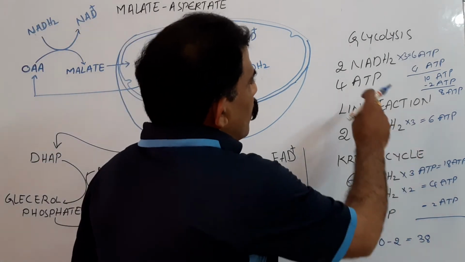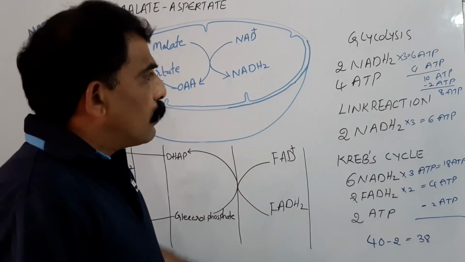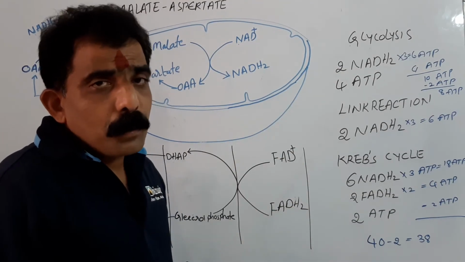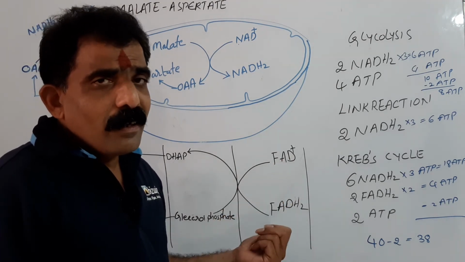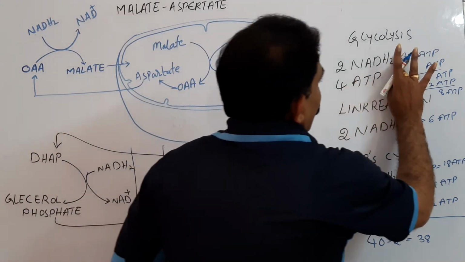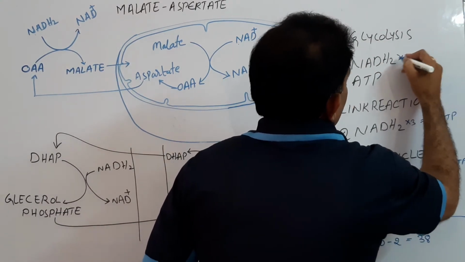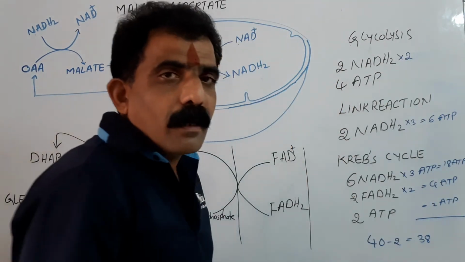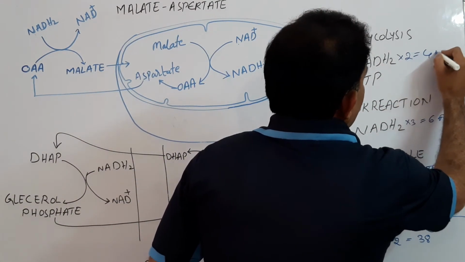In glycolysis, 2 NADH2 are there. But now these 2 NADH2 become FADH2, so each gives rise to only 2 ATPs. 2 NADH2 into 2 ATPs equals 4 ATPs.